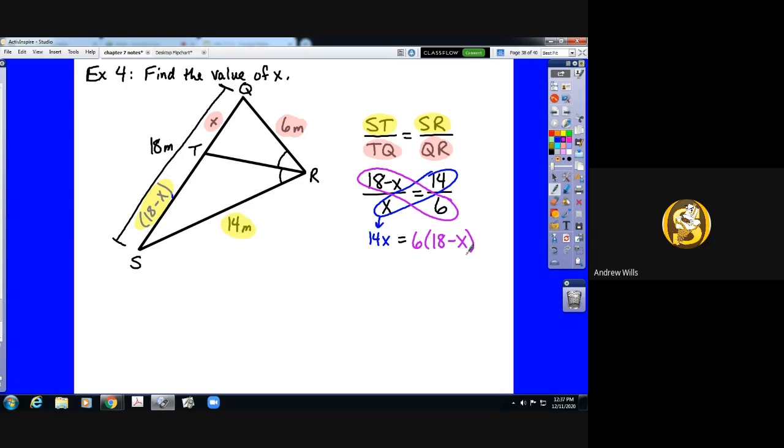Okay, next step in the solving process would be to distribute. So here we would distribute the 6. We'd have 14x equals 6 times 18 is 108. 6 times negative x is negative 6x.